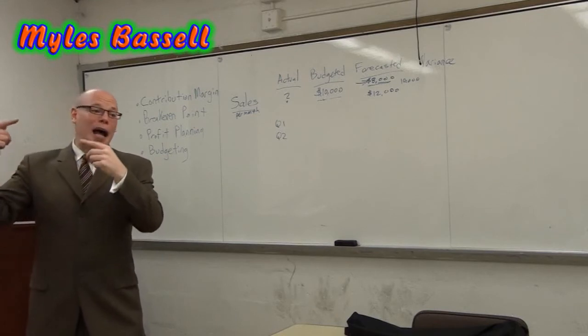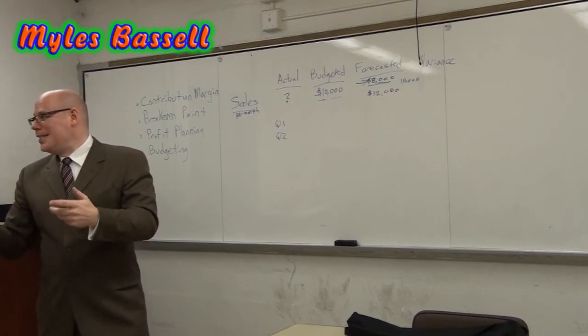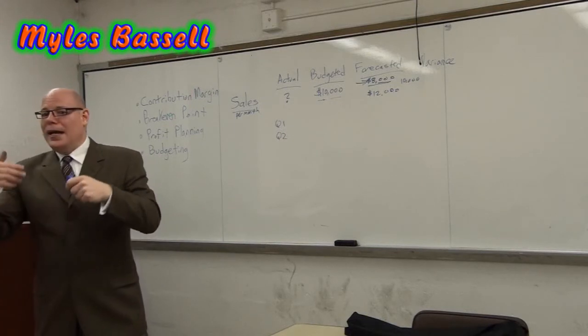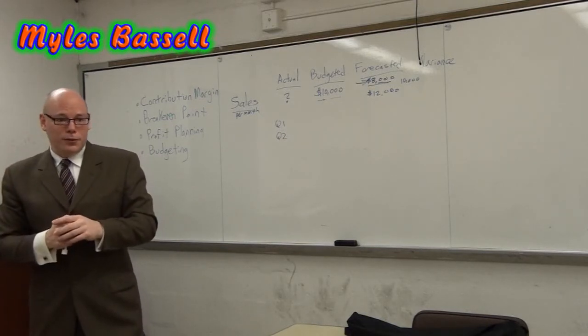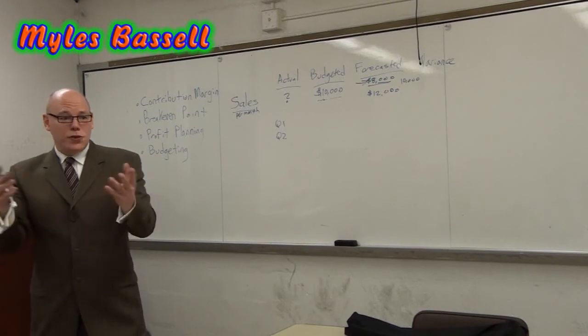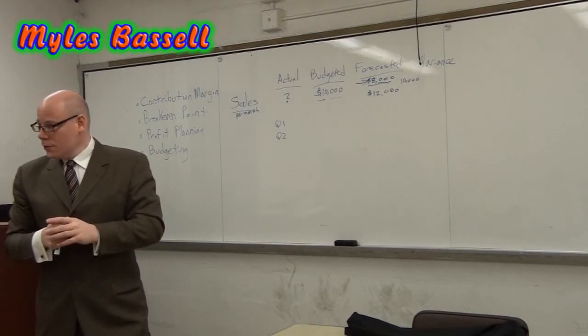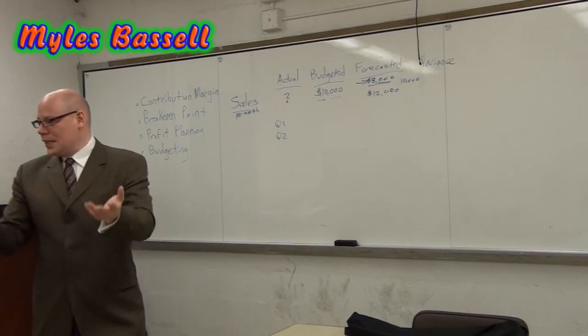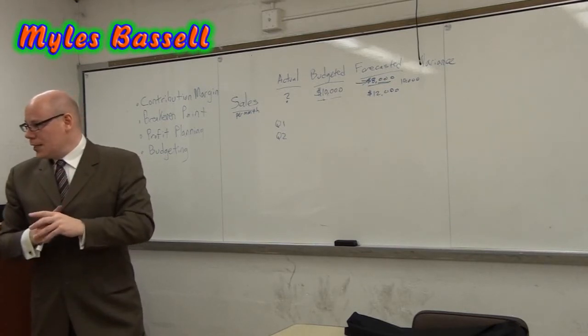But if we sell a lot more units at a lower price, then our total revenue will be higher and will be more profitable. So sometimes it makes sense to lower the price. But the market has got to be price sensitive. Not all markets are price sensitive.